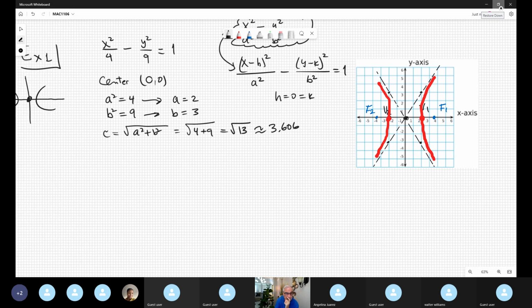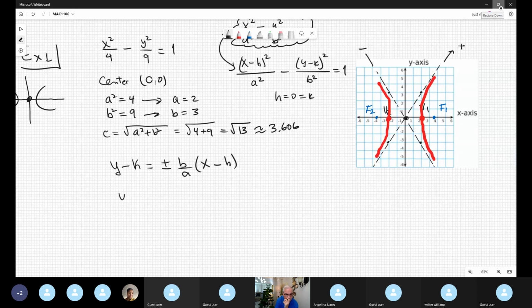The equation of the asymptote. Remember, the equation of the asymptote, in this case horizontal, is y minus k equals plus or minus b over a, x minus h. Why plus or minus? Because you have two asymptotes. One asymptote can have a positive slope, is this, and one can have a negative slope, is this. It's the general equation. However, h and k are 0.